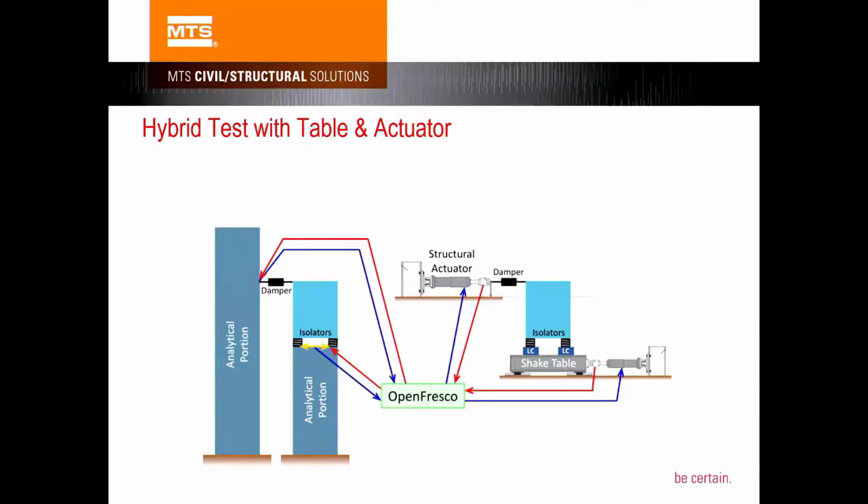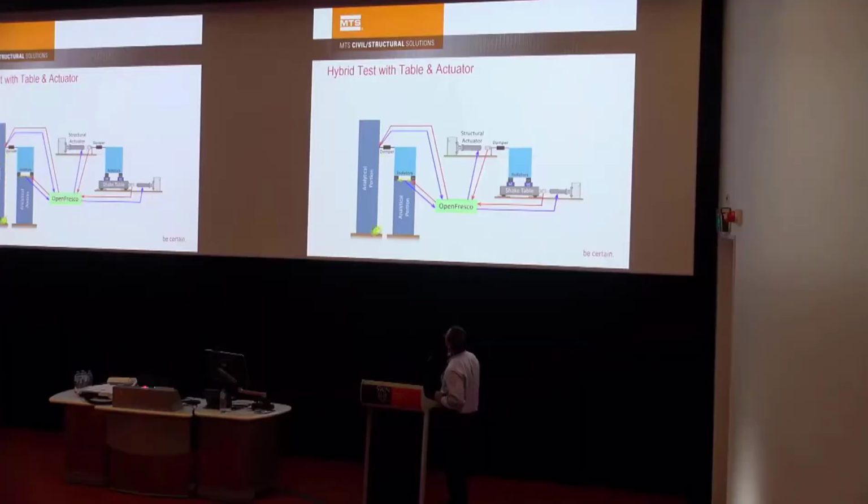And also there's another trend to couple the shaker table and the loading actuator to do hybrid simulation. For example, you want to do a mid-level hybrid isolation study, but this building is connected to another building in some way. Then you can use an analysis model to model the lower portion of the building and the adjacent structure, and the interaction can be applied by an actuator.